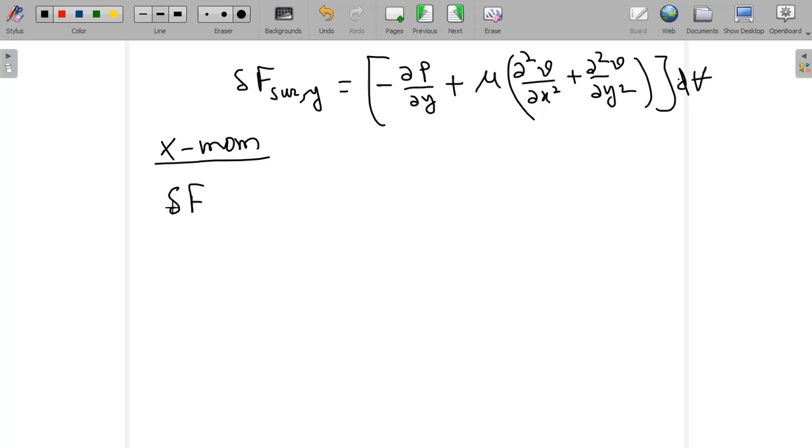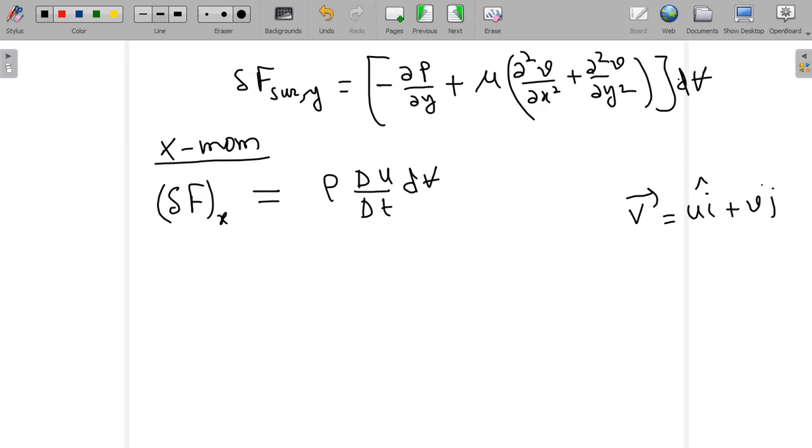So delta f of the x component will be equal to rho into the right hand side term, which was dv dt into dv, so you write the x component of that. The x component will be rho into du dt into dv, because v you know is ui plus vj, so the x component will be this one.